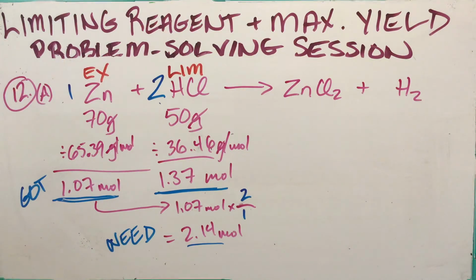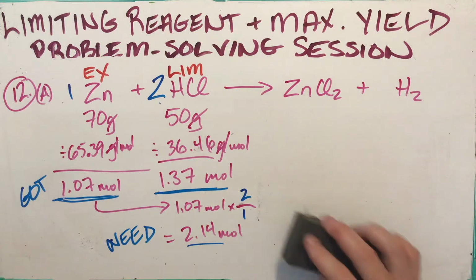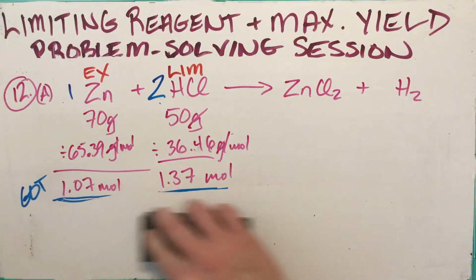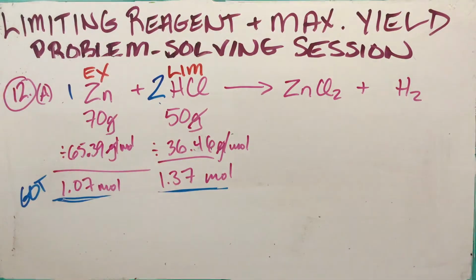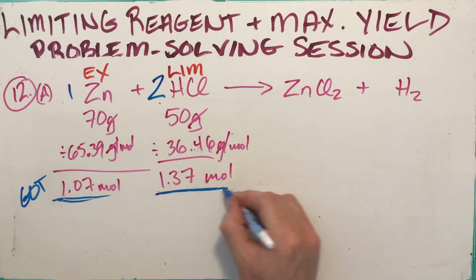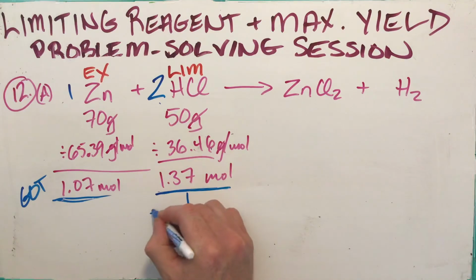So what I'm going to do is, I'm going to have to take this and bring it over here. Now, I don't have room, so I'm going to erase this. So pause the video if you need to. I figured out what my limiting and excess was. Again, this is the beauty of turning them both into moles. I can work it either way. So now I'm going to bring this over to here.